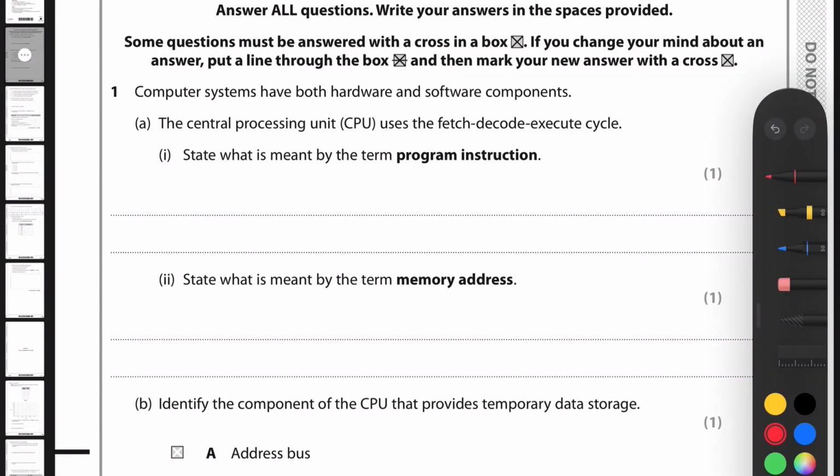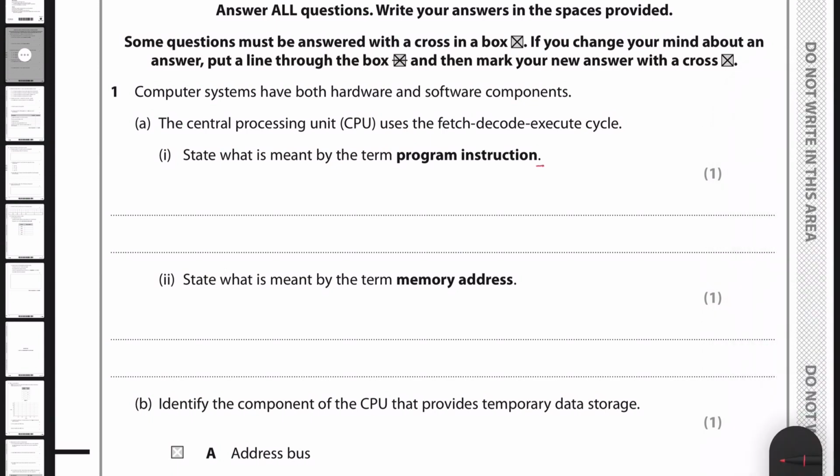Okay, so we'll look at the first question. Computer systems have both hardware and software components. The central processing unit, the CPU, uses the fetch, decode, and execute cycle. State what is meant by the term program instruction. An instruction is like an instruction if you're given an instruction by your teacher or by your parent or by whoever.